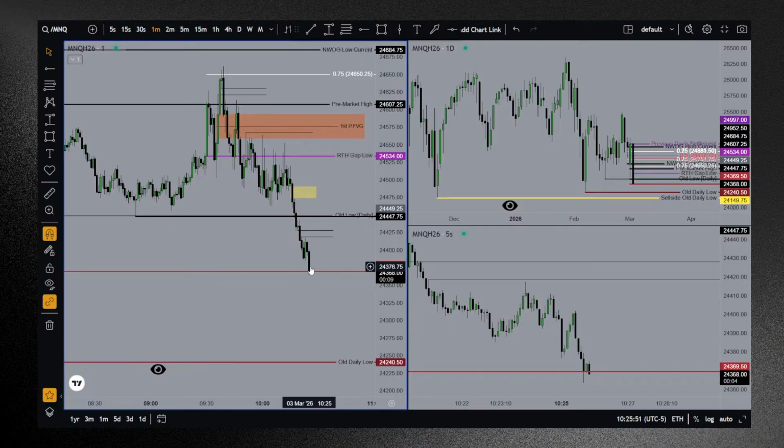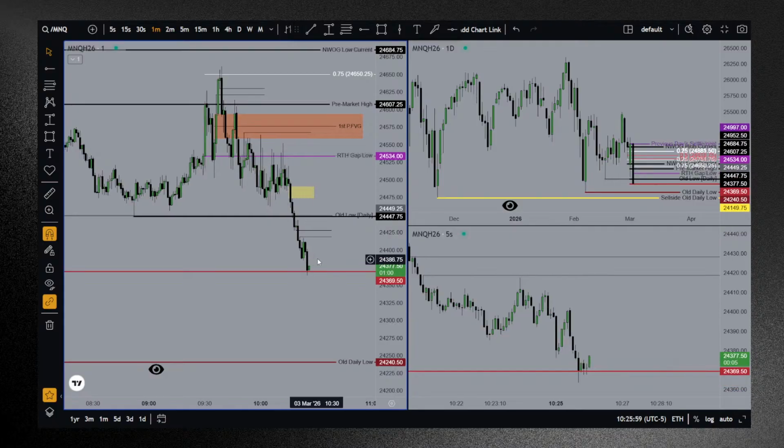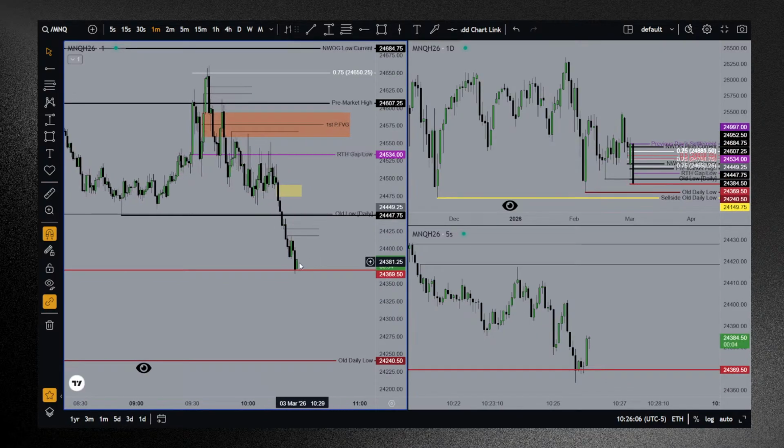And now tapping into the overnight low here with initial displacement. So yeah, overall it looks pretty heavy though.